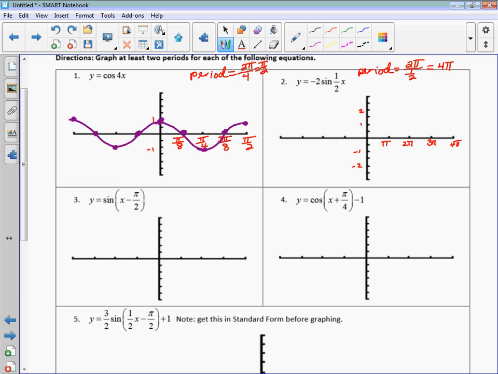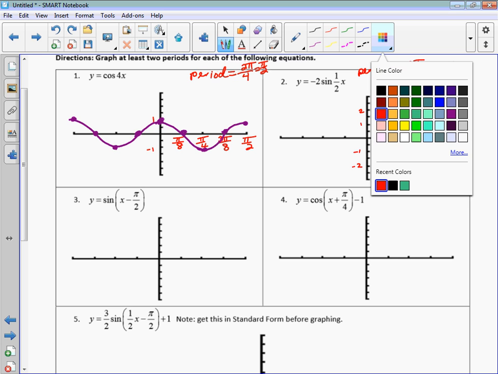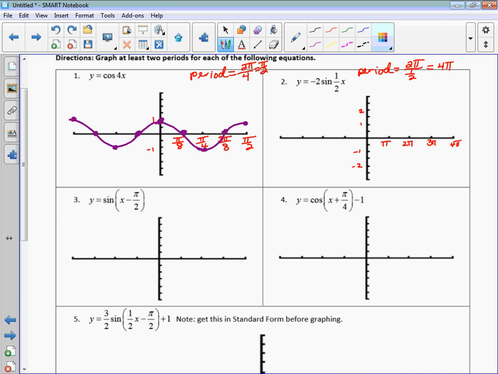You guys do pi, 2 pi, 3 pi, 4 pi? Yes? Okay. So we've taken care of the period part of that, so now we just have to worry about the negative and the 2. So I'm going to do it in a lighter color here, just what the parent graph dots would look like. You don't have to do that, it's just to remind you.